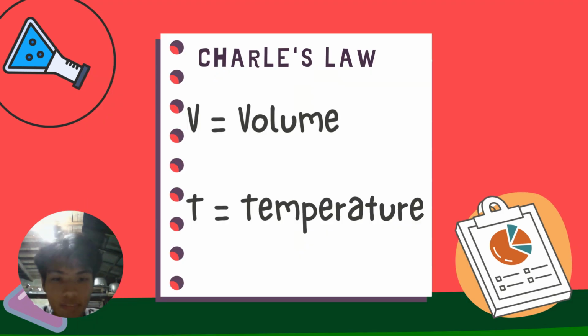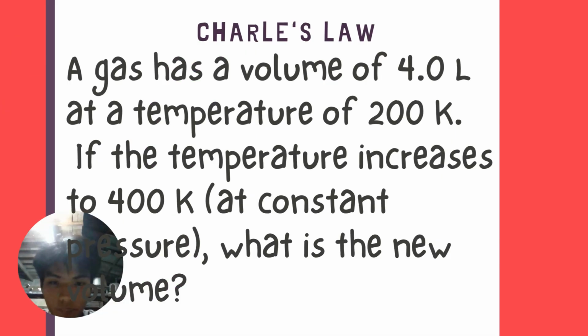For our variables, V is volume and T is temperature. So we're going to have a sample problem here. A gas has a volume of 4.0 liters at a temperature of 200 Kelvin. If the temperature increases to 400 Kelvin at a constant pressure, what is the new volume?